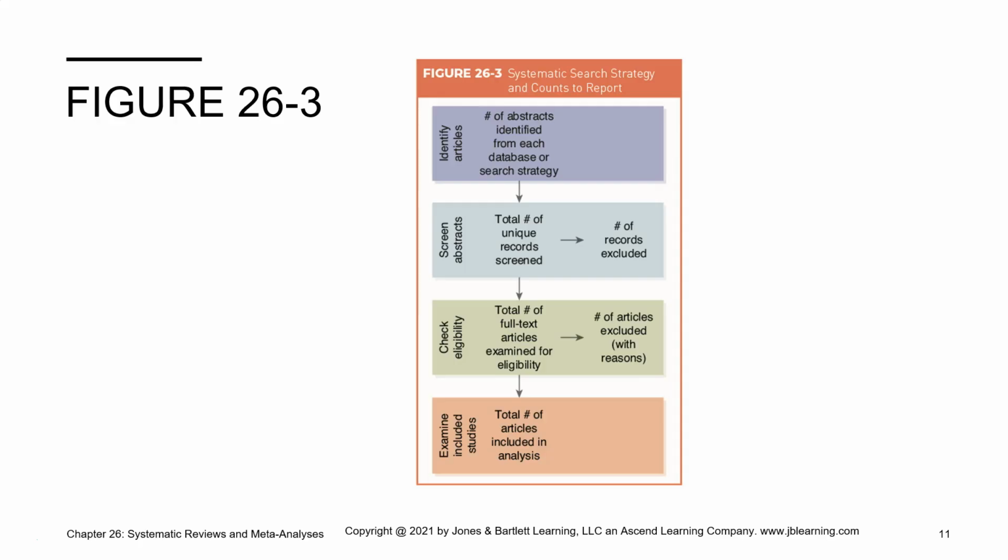Then it has the total number of full text articles reviewed, and then finally it has the total number of articles included in the analysis. So it goes in the step-by-step process of how to include and exclude different articles for your data.